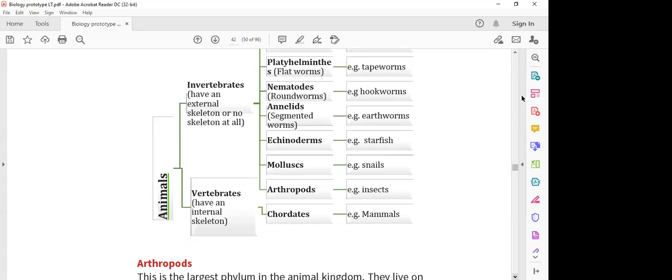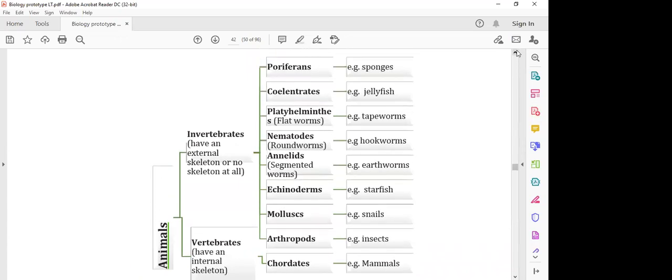So we looked at all those, like phylum Porifera, Coelenterata, the Cnidarians, the Platyhelminthes, the flatworms, the Nematoda, the phylum Annelida, the annelids, the organisms which are segmented worms, like the earthworm.